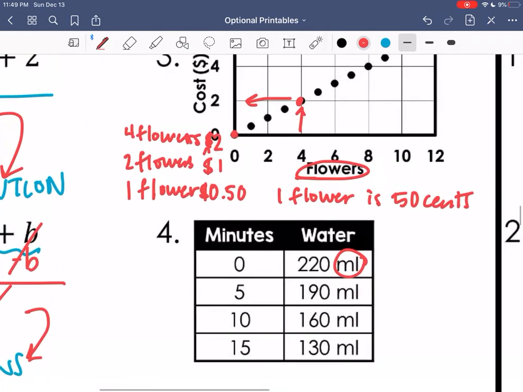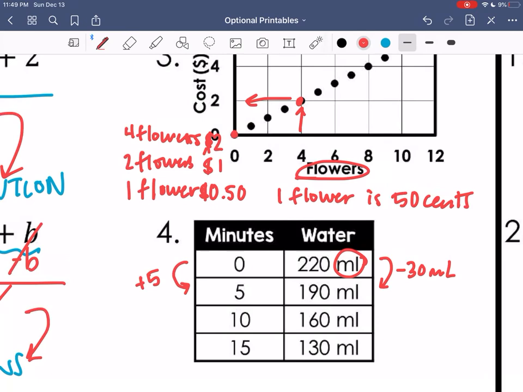On number 4, we're looking at minutes and milliliters. And these milliliters are going down, so maybe we're draining something. So I'm going to see how much this is changing. The minutes are going up by 5 every time. And the water is going down by 30 every time.